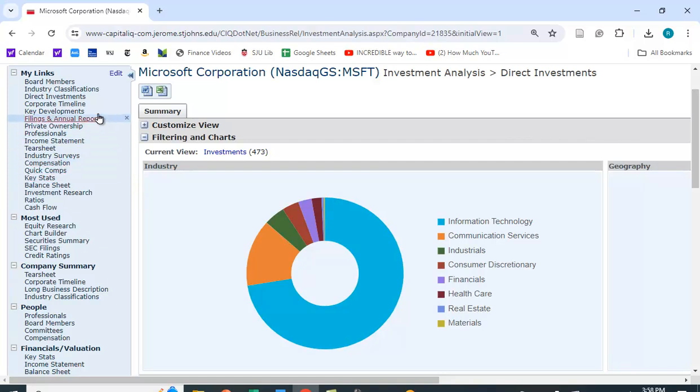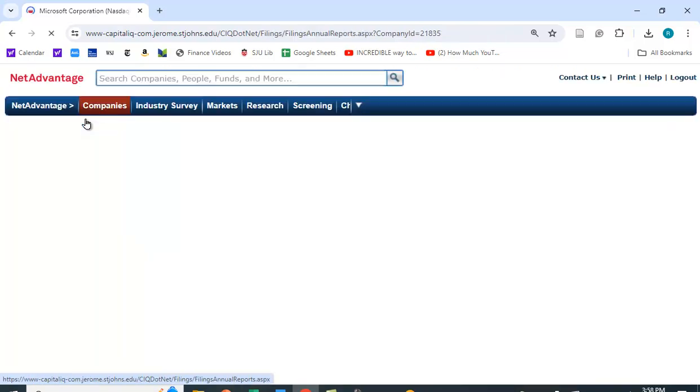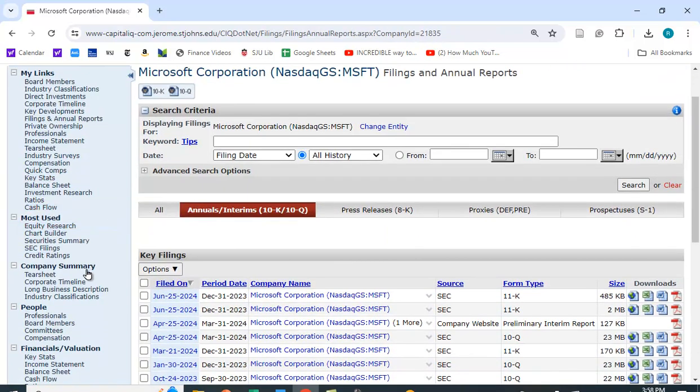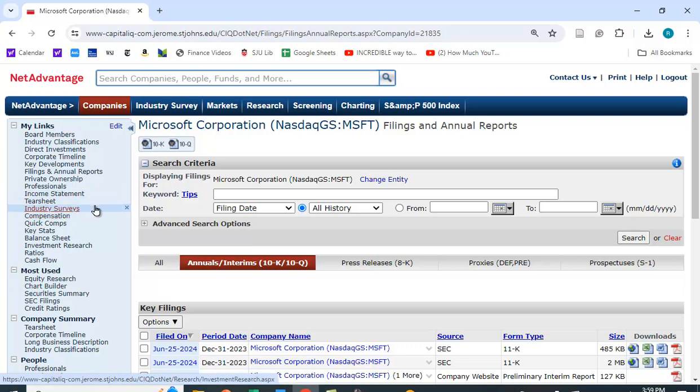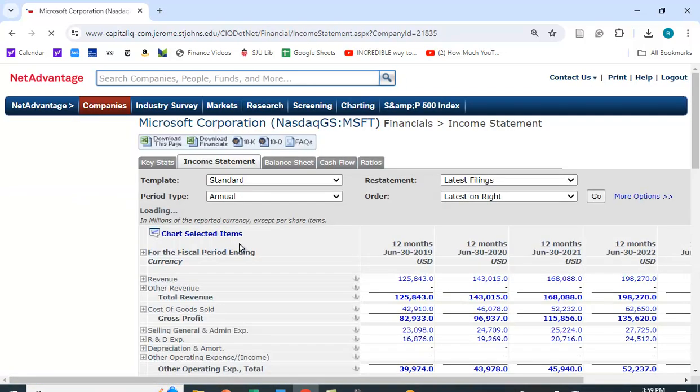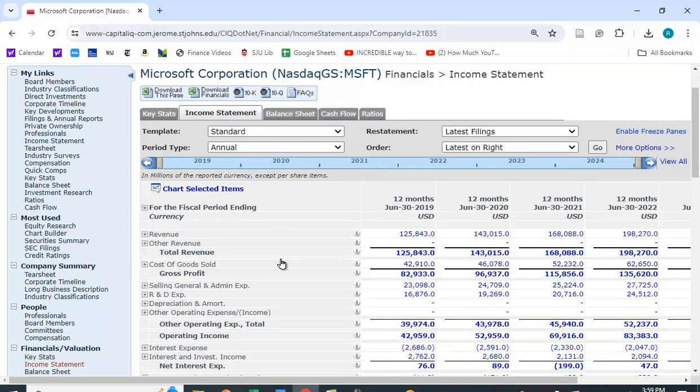So you can also see a bunch of other stuff, filings and annual reports, and you can get these SEC 10-K, 10-Q reports, etc., etc. All right, if you're doing some analysis of the company, you may want to look at some of the financial information. So here we can get their income statement.